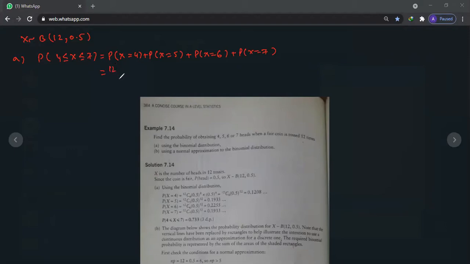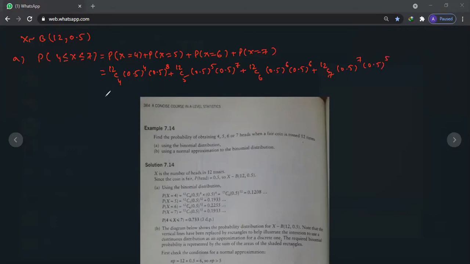For X is equal to 4, 12C4, probability of success power 4 and the probability of failure power 8, plus 12C5, probability of success power 5 and the probability of failure power 7, plus 12C6, probability of success power 6 and probability of failure power 6, plus 12C7, probability of success power 7 and the probability of failure power 5.